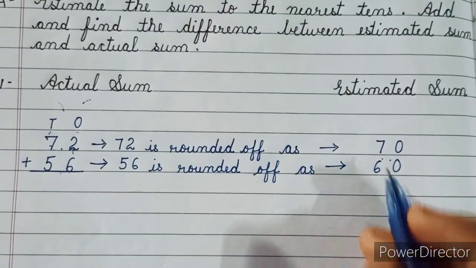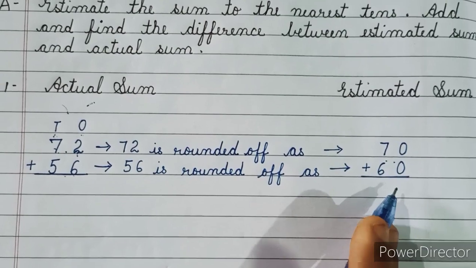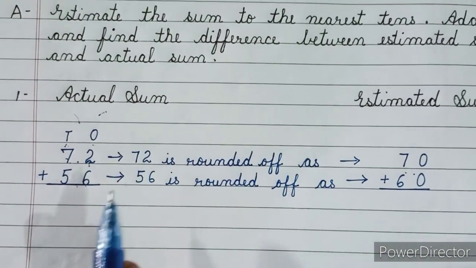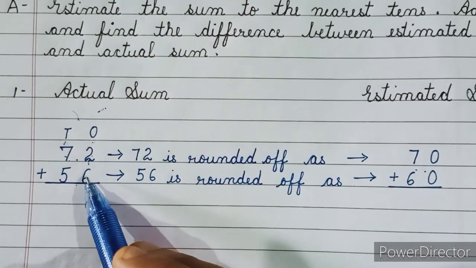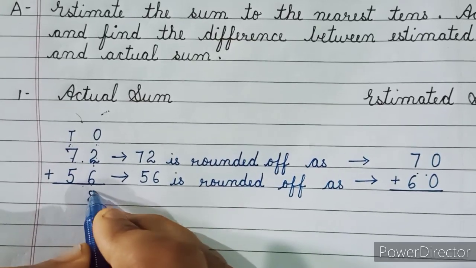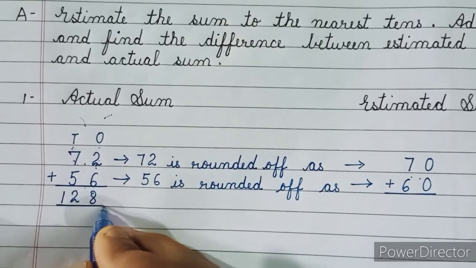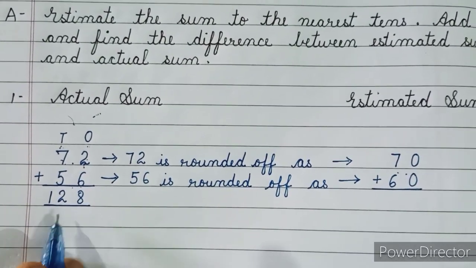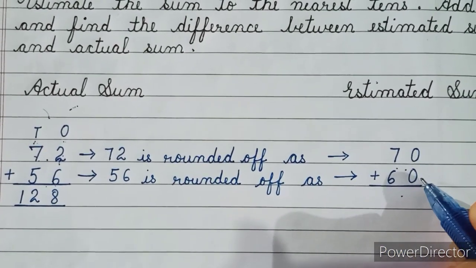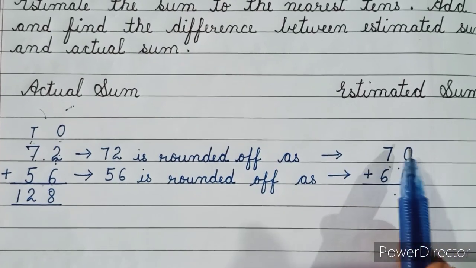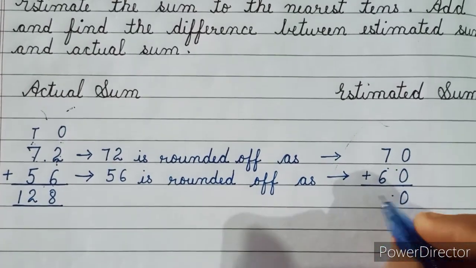Now add it, both sums, actual sum and estimated sum. Okay? And see what is the difference between both sums. Clear? So 2 plus 6 is 8 and 7 plus 5 is 12. The answer has come 128. Now we will go to the estimated sum. So here 70 plus 60. Now add it. 0 plus 0 is 0. 7 plus 6 is 13.